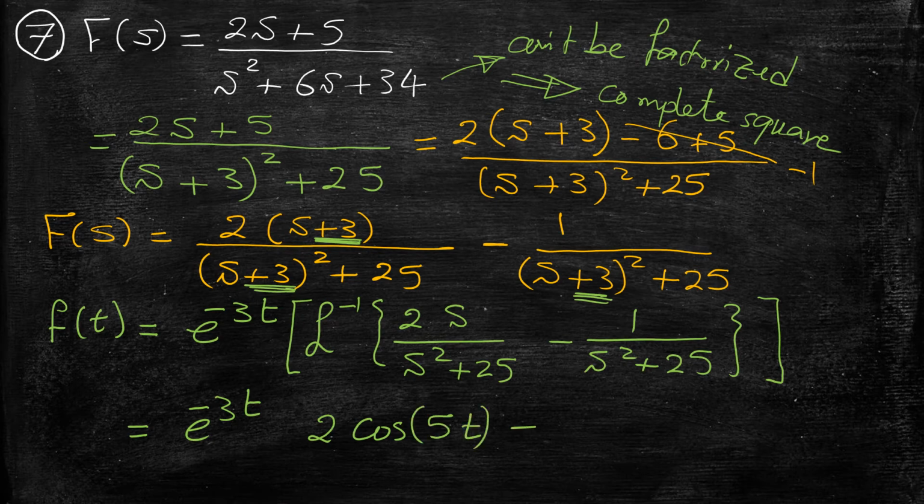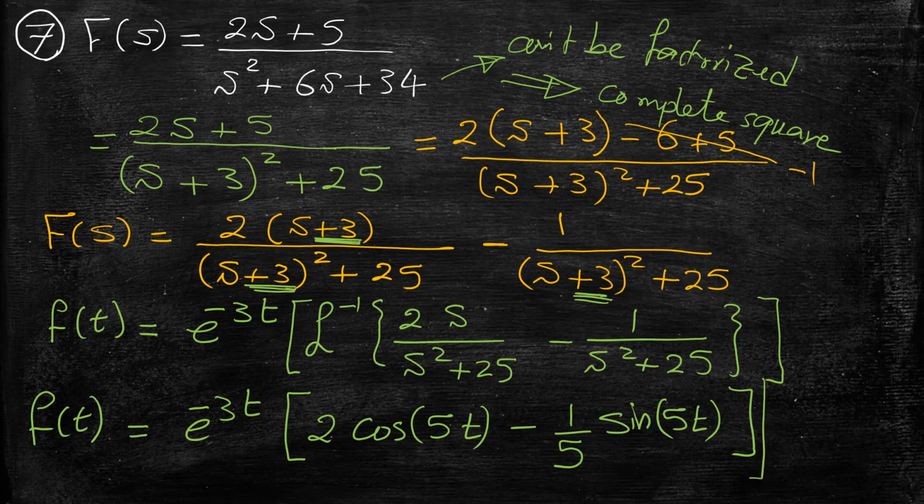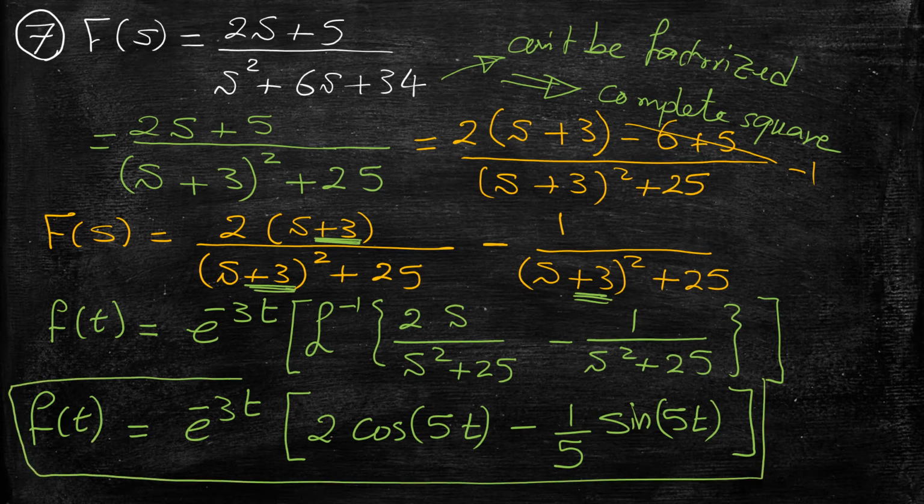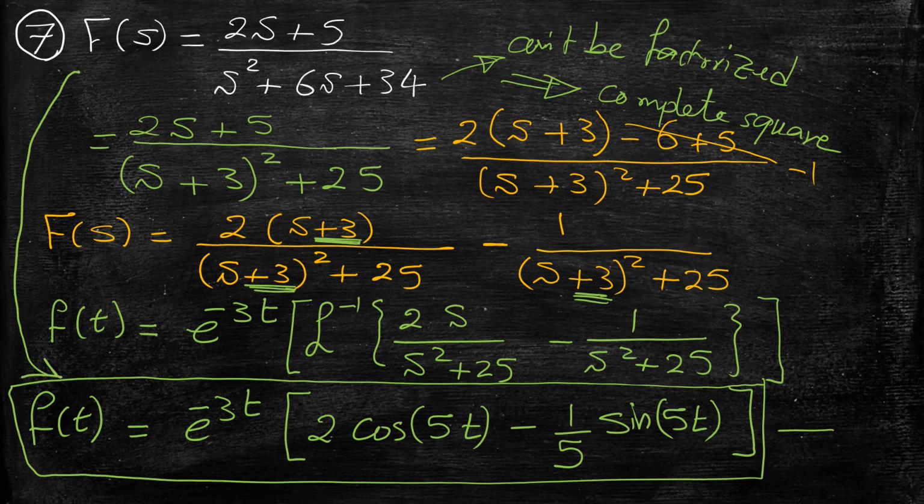Minus the other term is, as we did previously as well, the sine of the square root of this 25, so it's 5t, but we have to have this 5 in the numerator, so I will divide by this 5. And this is the whole term right now, which is our f(t). So f(t) right now is nothing but the exponential multiplied by a cosine and sine. And again, this is Laplace inverse of the given F(s).